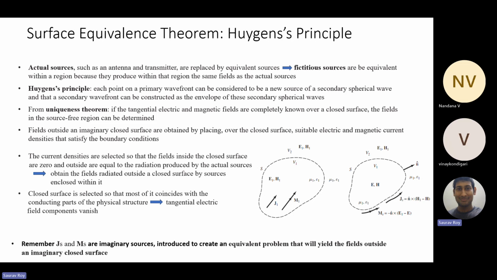We create imaginary source or imaginary solution such that ultimately our calculation or solution becomes easier. So that is what it says. We will replace these actual sources by some imaginary or fictitious sources. But that does not matter as long as we get our electric field, magnetic field at 1 meter distance same. For both the cases, if we get the same, then it does not matter for us, right?